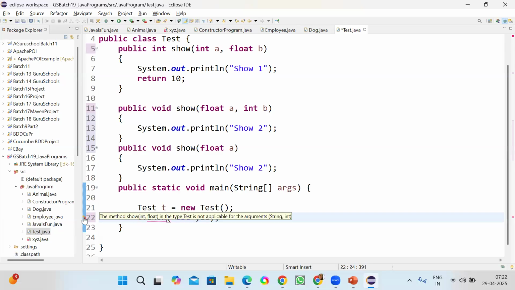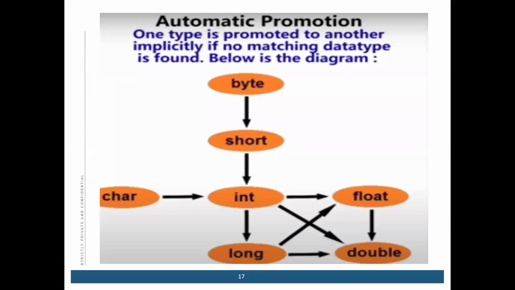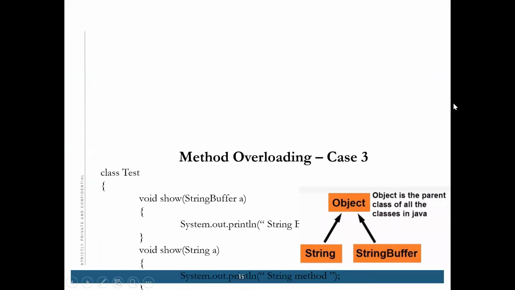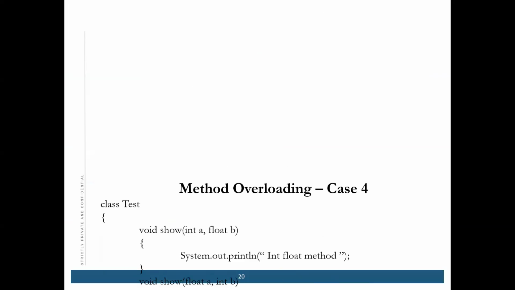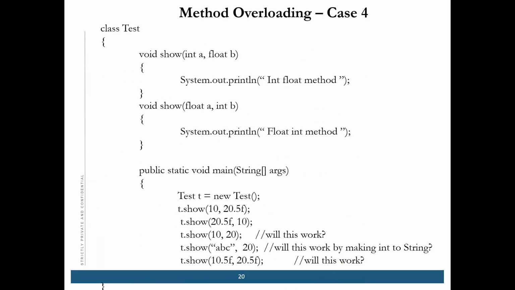So this will not work. Why? Because there is no string in this particular automatic promotion, right? So string is not there. If it is object, it will work. So string will not work.